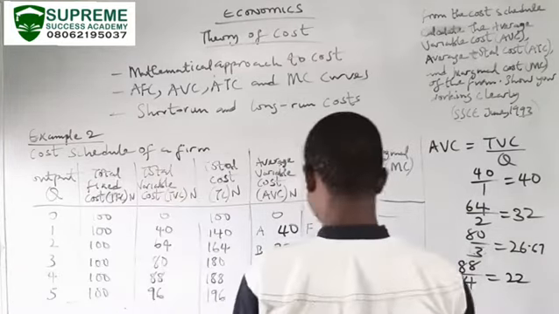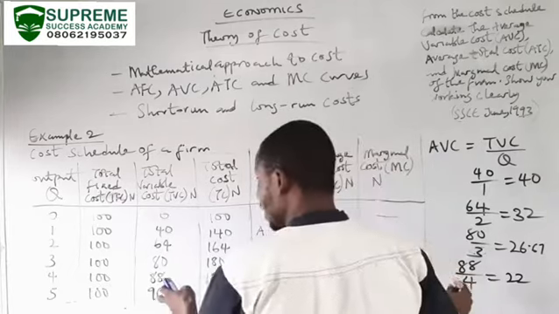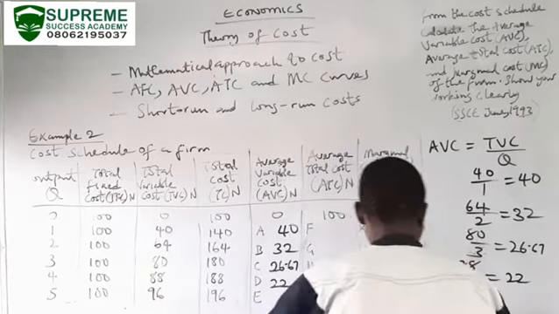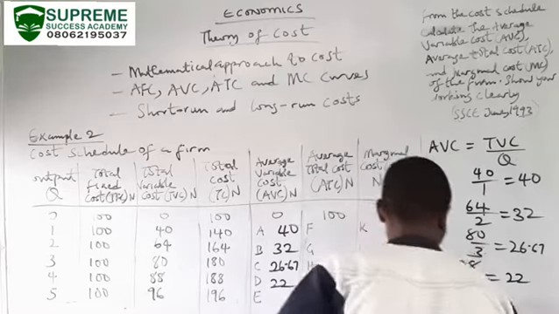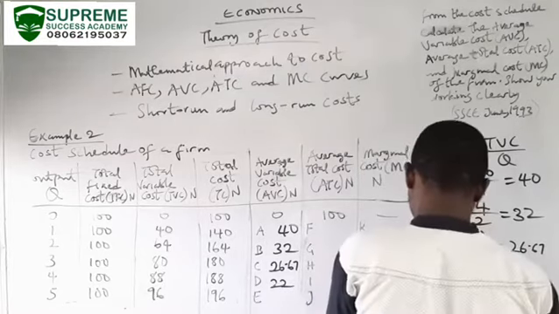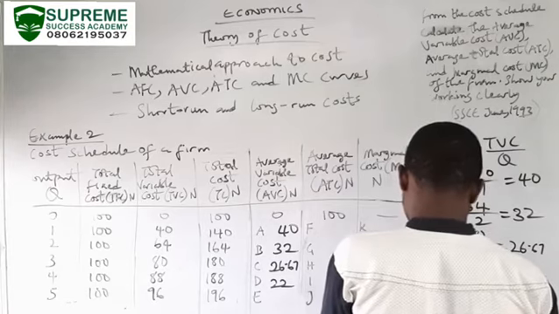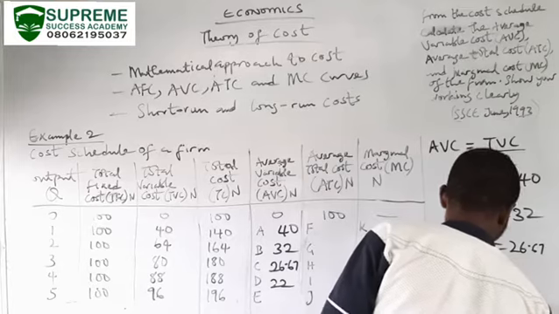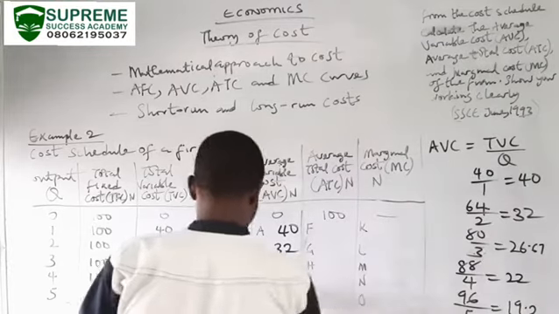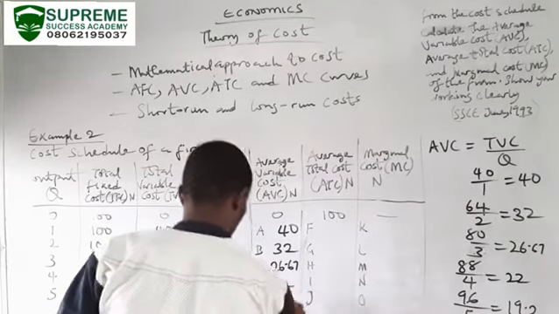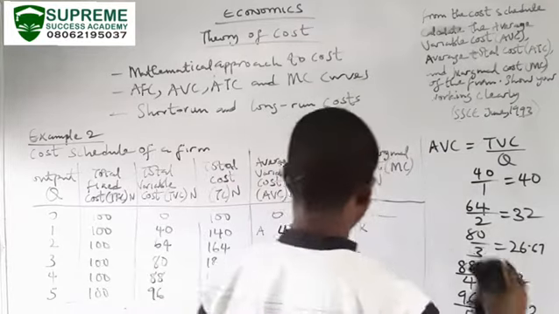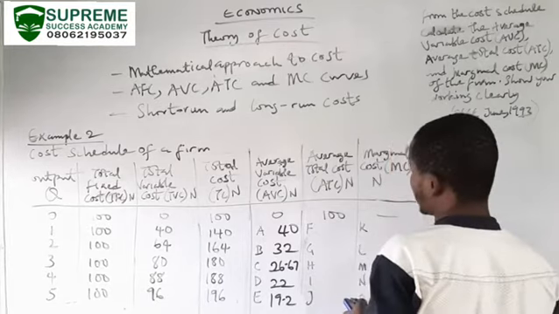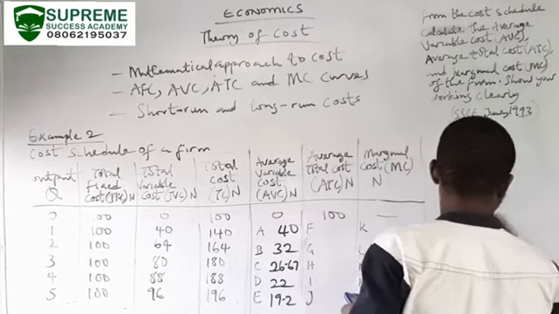The last one is output 5, and the total variable cost is 96. So 96 divided by 5 equals 19.2.